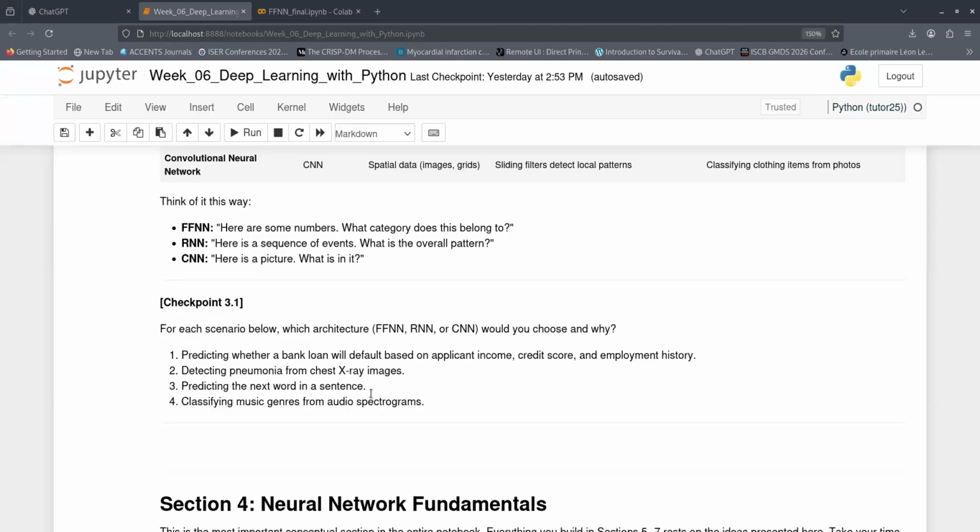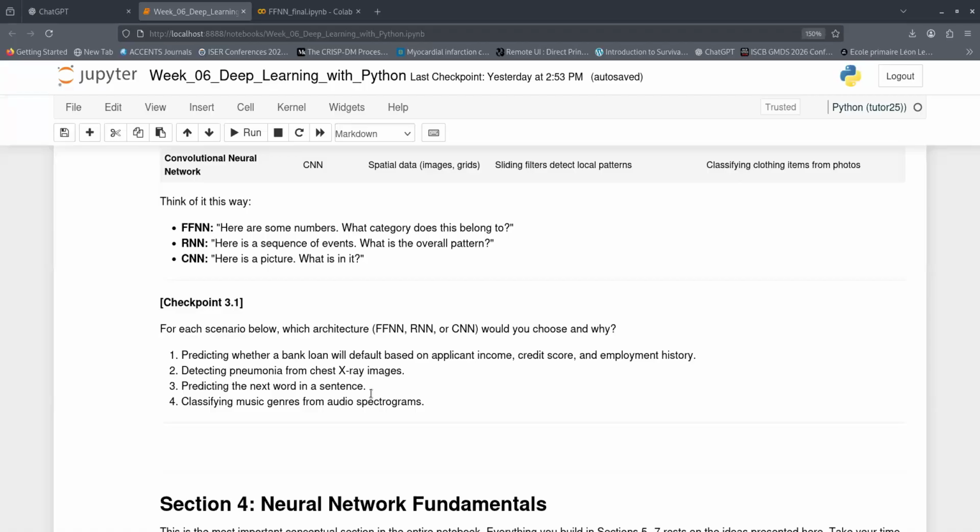No, but if you read, when we talk about thinking of it this way, the previous point, we say RNN here is a sequence of events. You need to think about the recurrent neural network because here we are predicting the next word in a sentence.